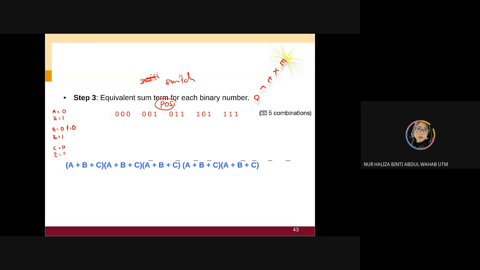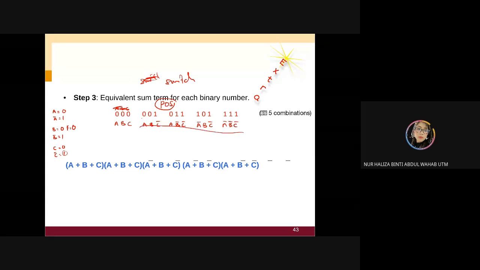So let's take a look. 0, 0, 0, my A, B, C. What happens? A will be A, B will be B, C will be C. Here I have A, B, C bar. A, B bar, C bar. A bar, B, C bar. A bar, B bar, C bar.